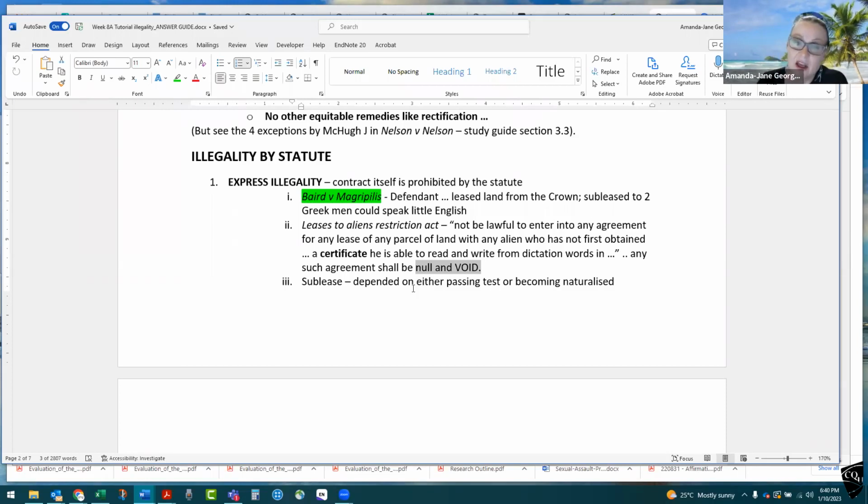And here, the addition of the words null and void, the fact that it says up here it's not lawful to enter an agreement means that it's illegal. You can't make it any more illegal by saying, oh, and by the way, any such agreement is going to be null and void.